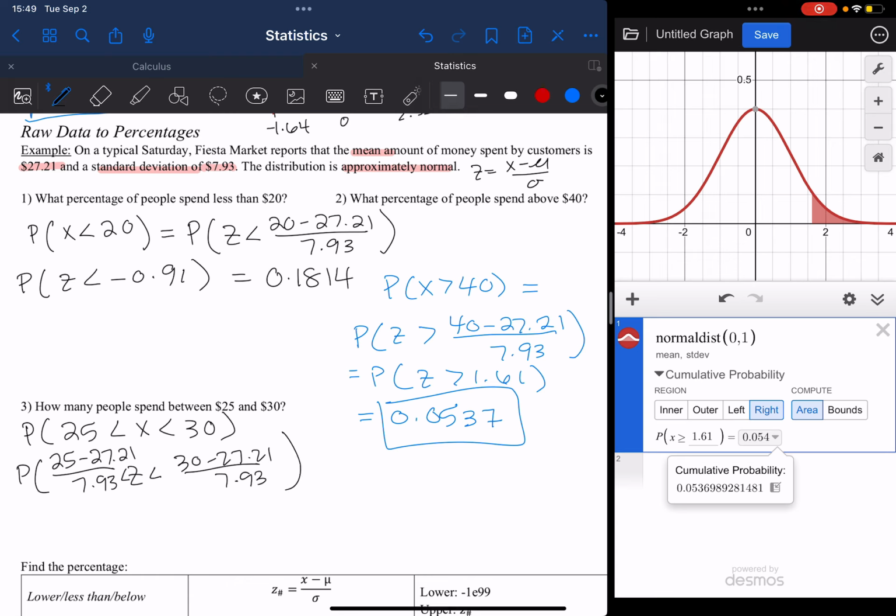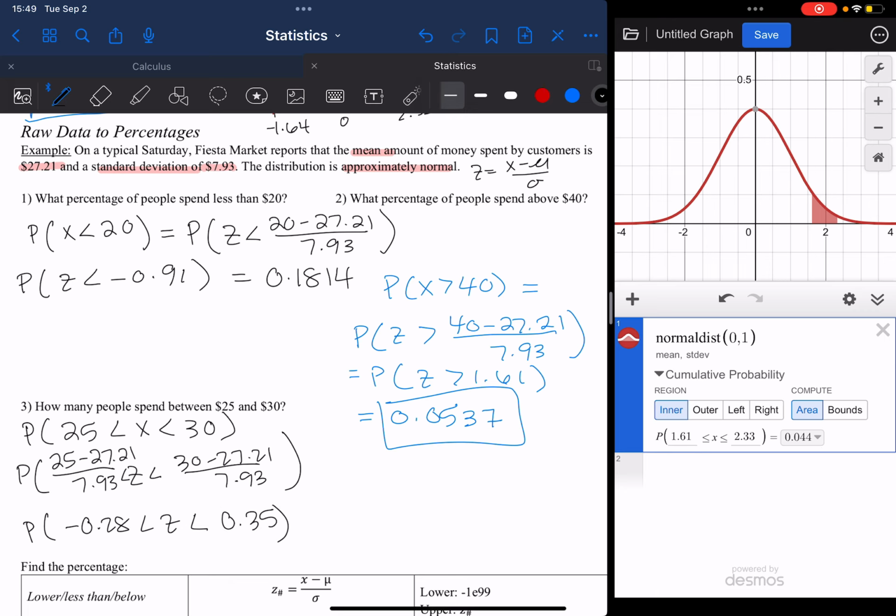I'm just using that formula for the Z-score. This gives me the probability of Z being between negative 0.28 and 0.35.